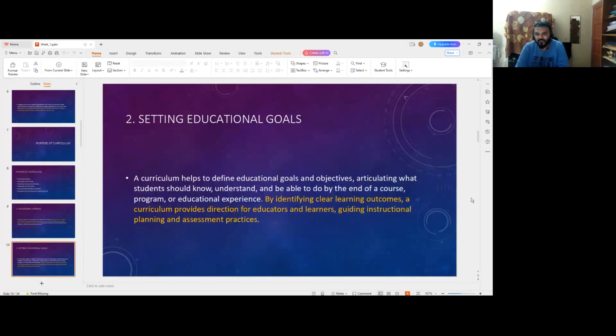So we should have very clear and specific learning outcomes, which direct the teachers and learners, with proper instructional planning and assessment practices.